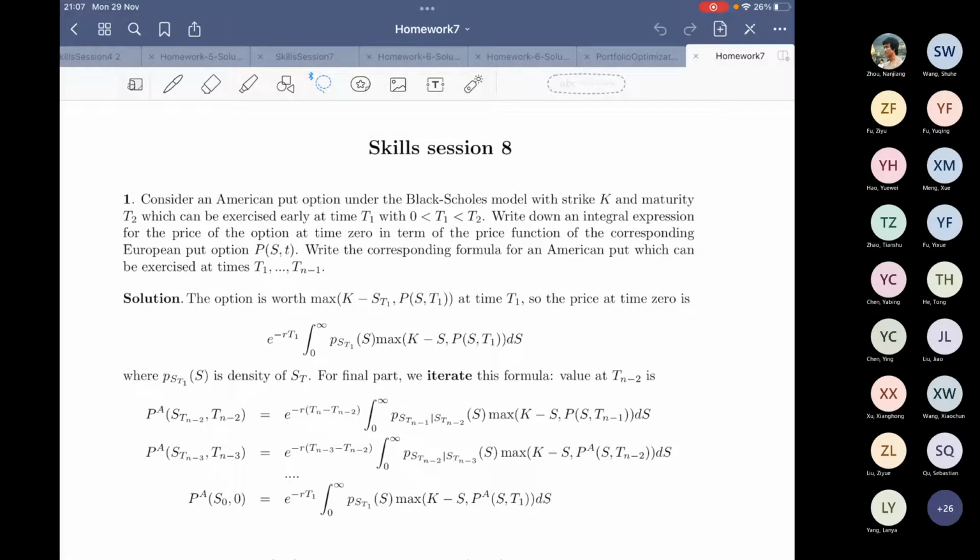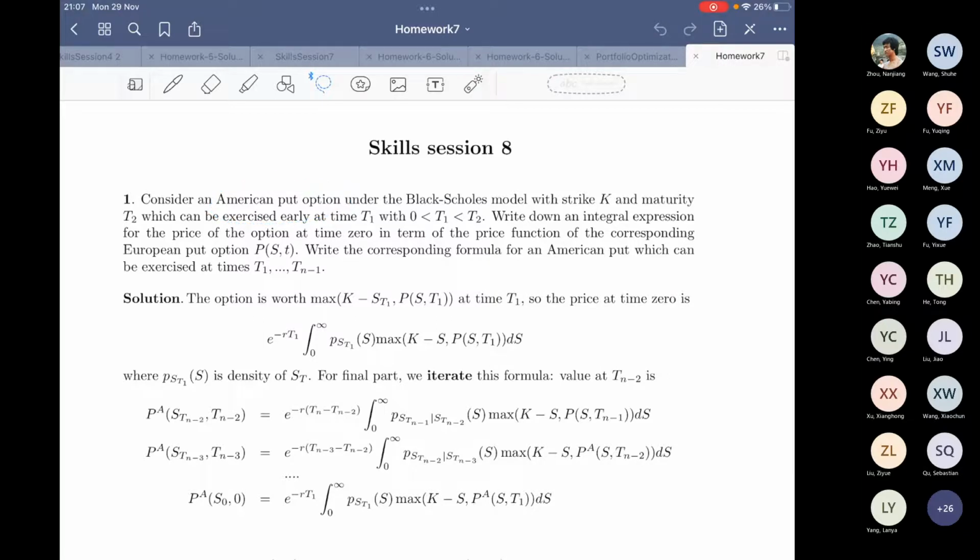So, question one says: on this course, we did look at American options for discrete time models, but you can also look at American options for continuous time models. In general, there's quite an interesting and elaborate theory for that, but because it's not in the lectures, we're not going to go fully into it.